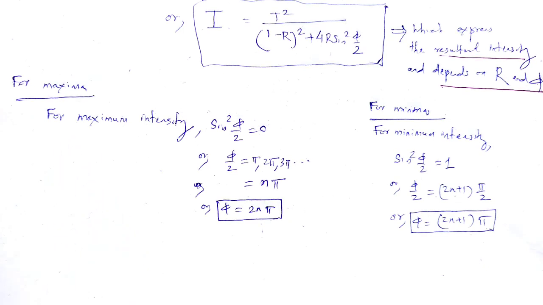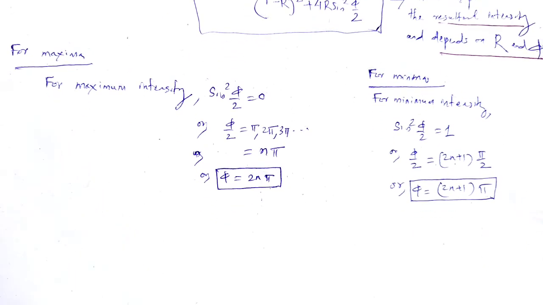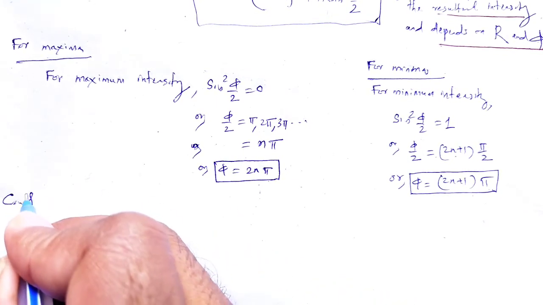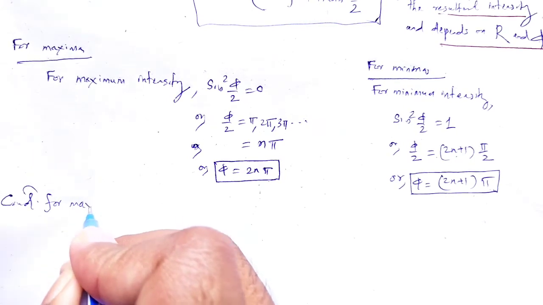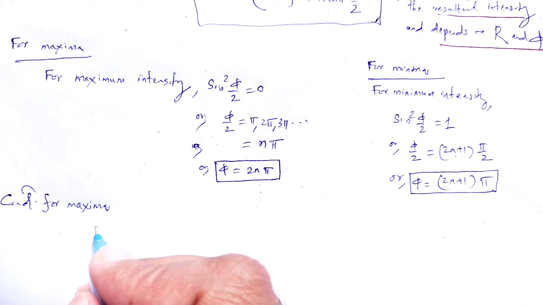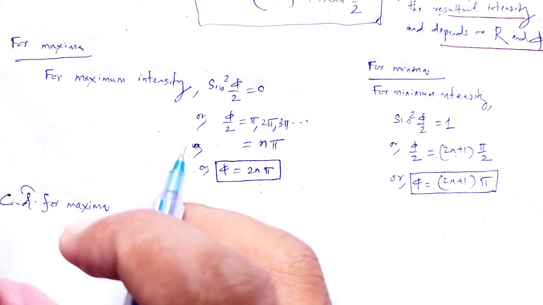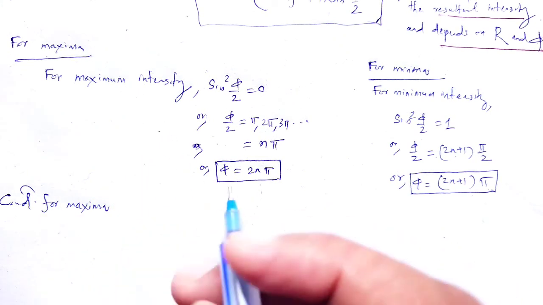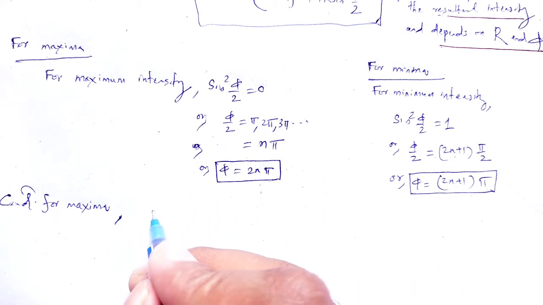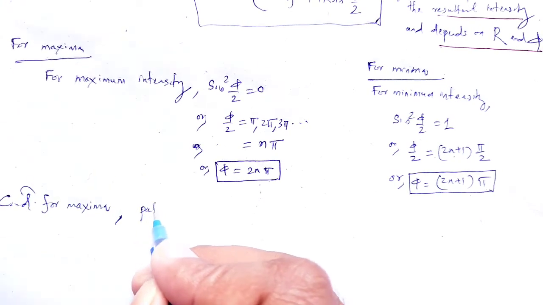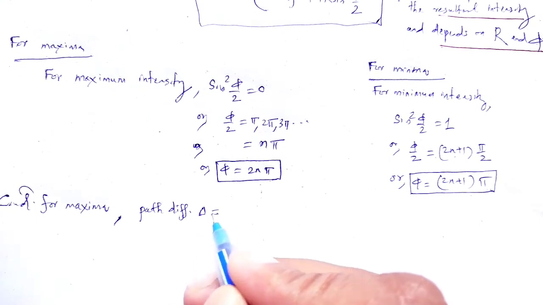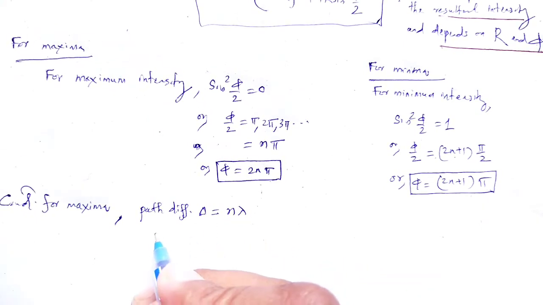And the condition for maxima, or the condition for a bright fringe: the path difference is an integral multiple of lambda, n lambda.